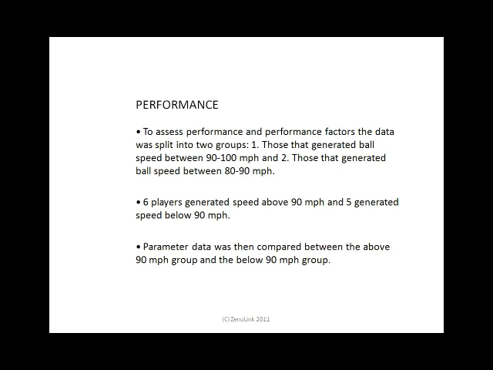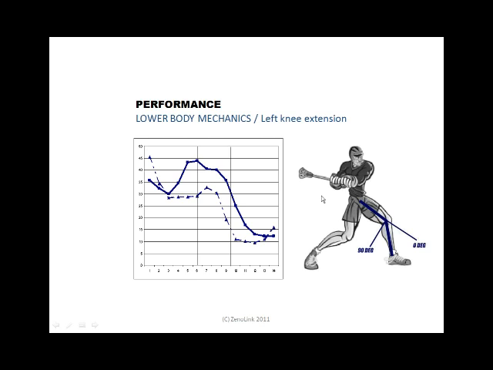Then we compared the key parameters we just discussed to see if there was any significant difference in the patterning or the movement between those shooting above 90 and those below 90. The first thing we looked at was left knee extension, or lead leg stabilization.